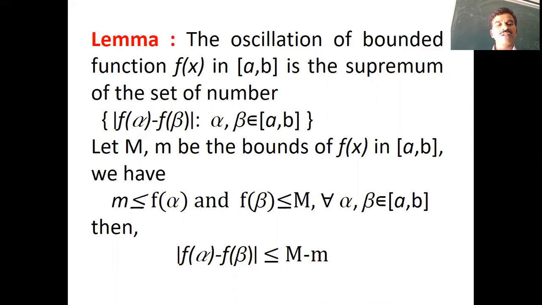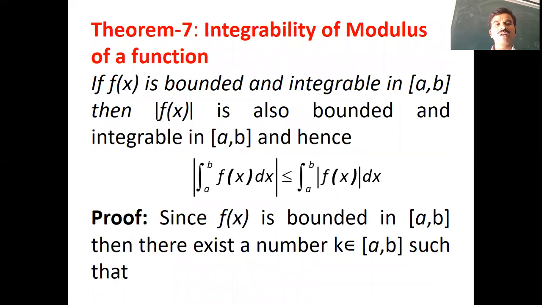So we have that the infimum is less than or equal to f(alpha), and the supremum is greater than or equal to f(beta) for all alpha and beta in [a, b]. Then the magnitude of f(alpha) minus f(beta) is less than or equal to the supremum minus the infimum.